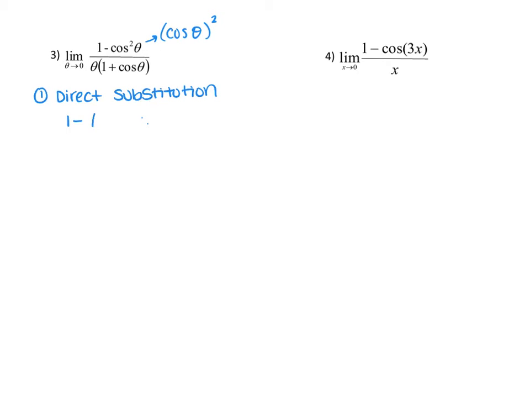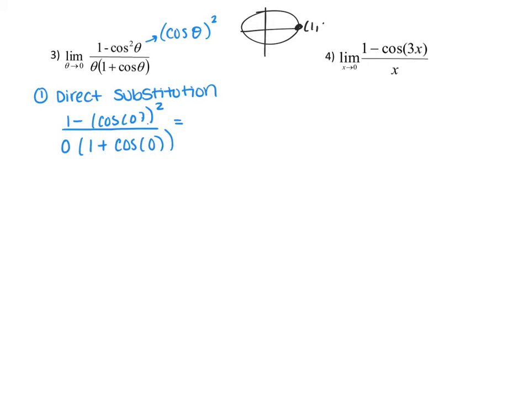So 1 minus cosine of 0, that whole thing squared. Theta is 0. 1 plus cosine of 0. So at this point, you should really know that unit circle very well. So cosine of 0 is still the x value, so it's still 1.